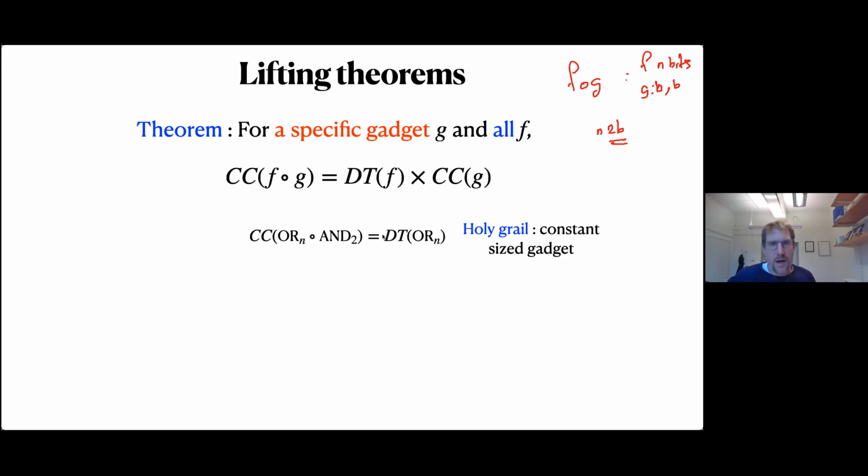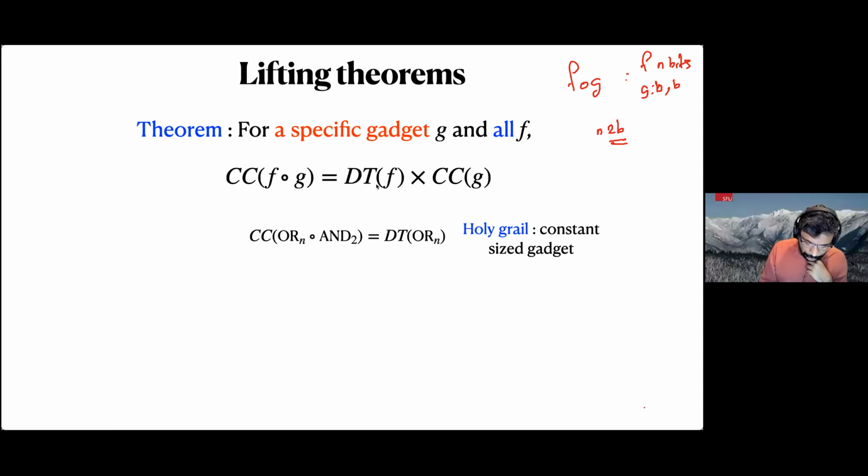Just for the record, what you're lifting is the decision tree complexity, which is the worst case number of questions asked, or the height of the decision tree. Yes, thank you, I forgot to mention that it was in the picture.